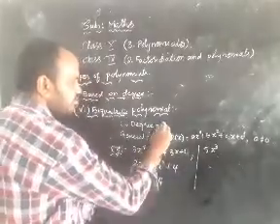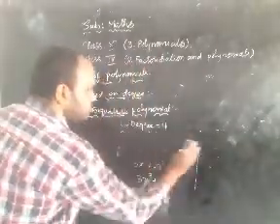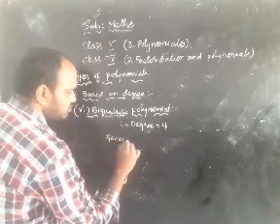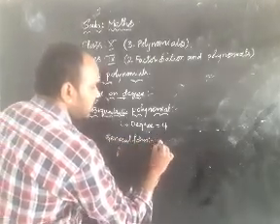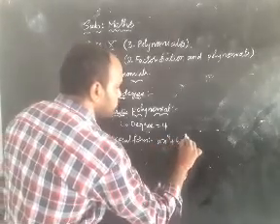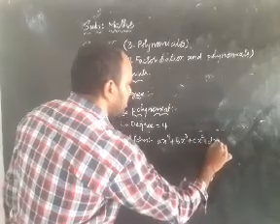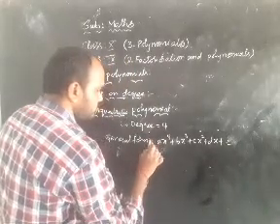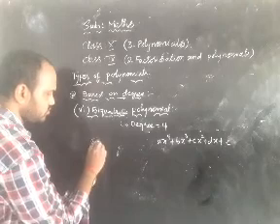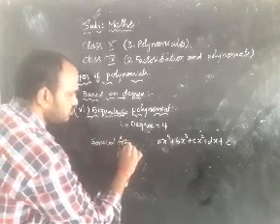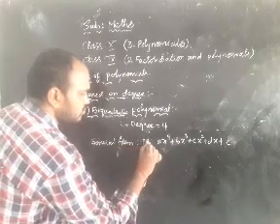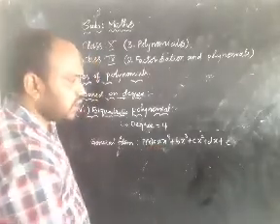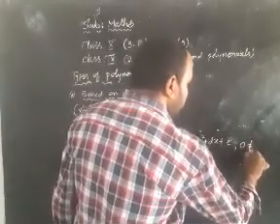The degree will be 4 here, and the general form is a into x to the power of 4 plus b into x cube plus c into x square plus dx plus e. Here a must not be equal to 0.